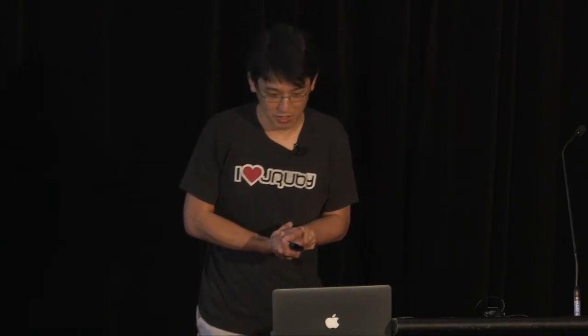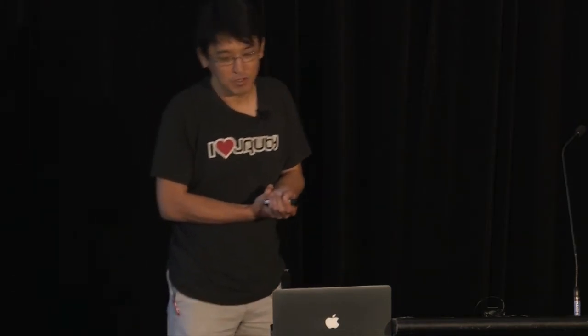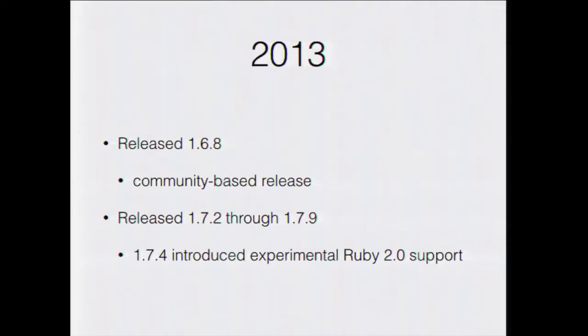In 2011, we had 1.6.0, which included experimental C extension support, which I will talk about in a minute. And in 2012, we had version 1.7.0, which included InvokeDynamic support, which also I will talk about in a minute. In particular, last year, we released 1.6.8, which is probably going to be the last of the 1.6 releases.